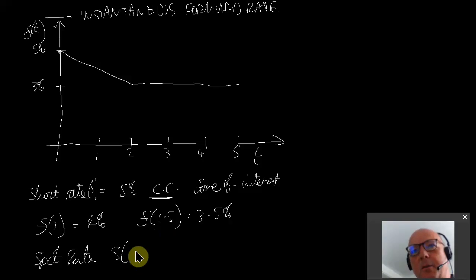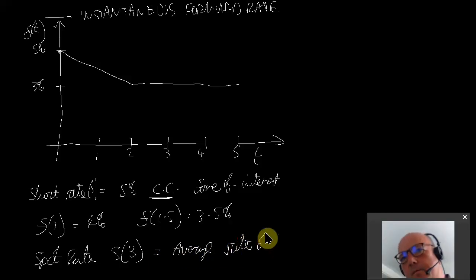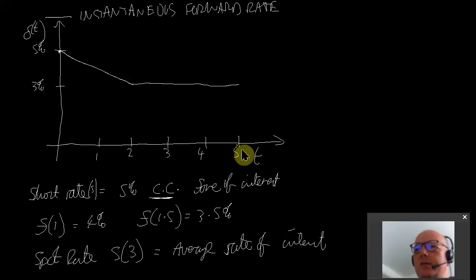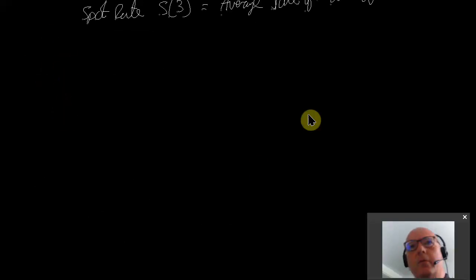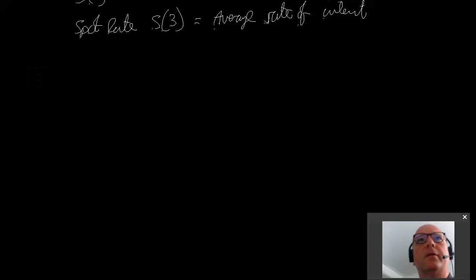So the spot rate at 3 is the average rate of interest. Or more intuitively, it is the solution to e to the minus s times t is equal to the value. The way to think about this: if I want to know what S3 is, what do I do?